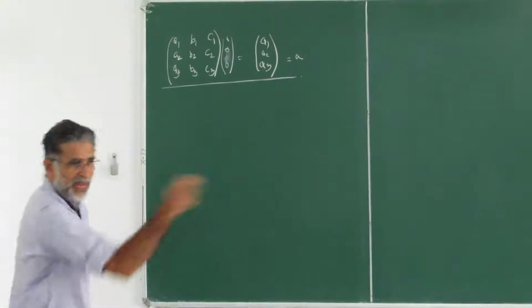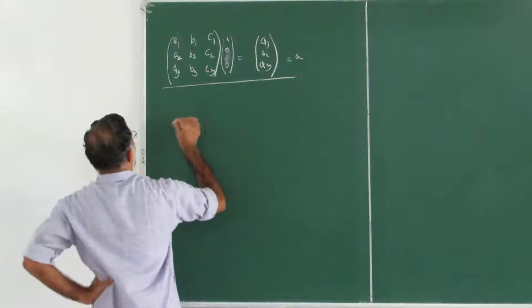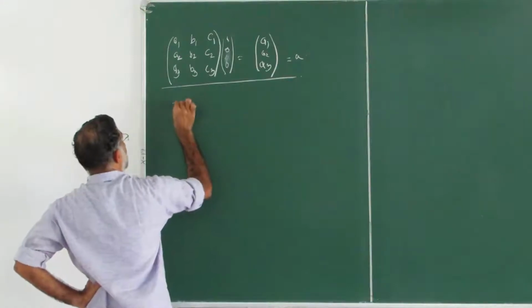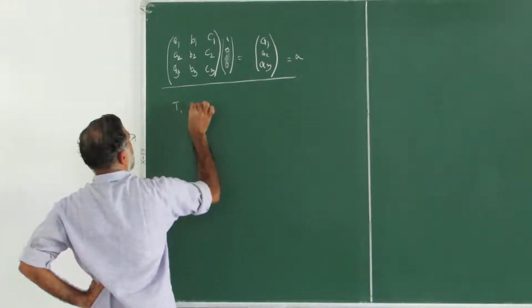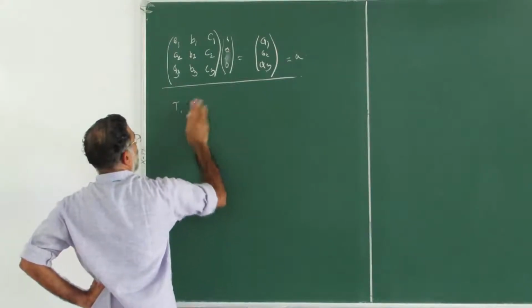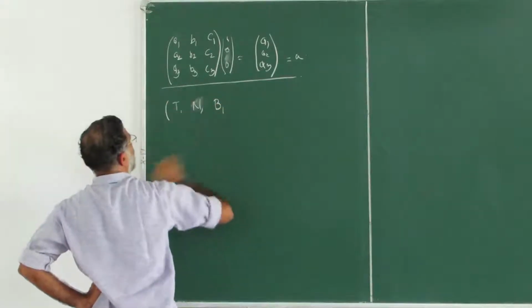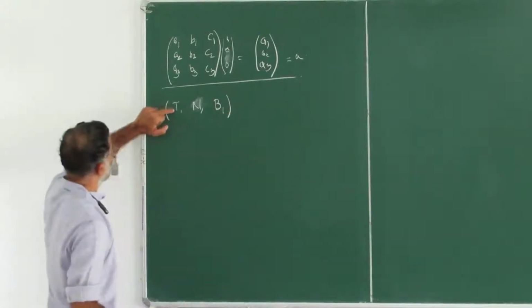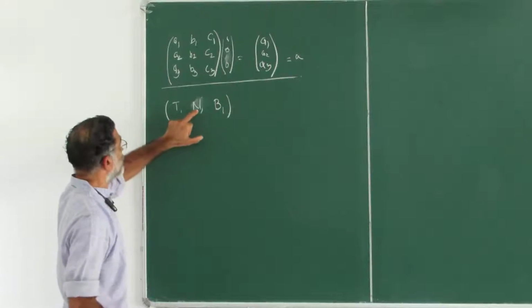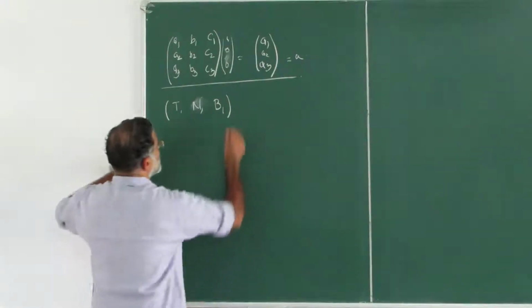So let's look at what we have done just now. Let us take those three vectors, namely T1, N1, B1, just for fun. This is a matrix: T11, T12, T13, N11, N12, N13, B11, B12, B13.